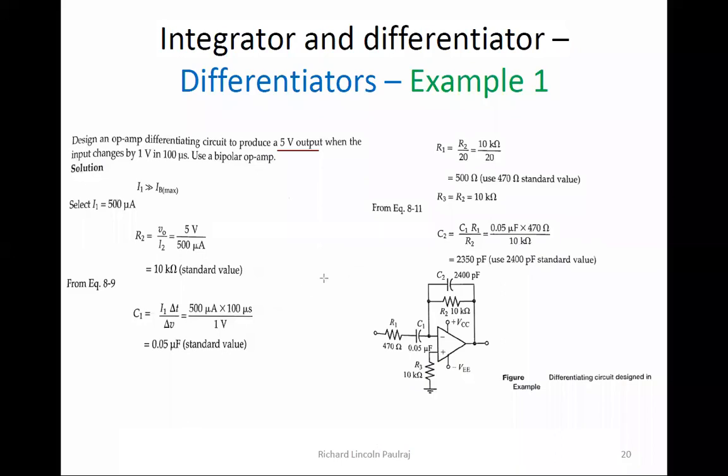Are we able to get 5 volts divided by 500 micro? Or we can take the reverse way also, 500 micro into 5. How much are we getting? 10K.